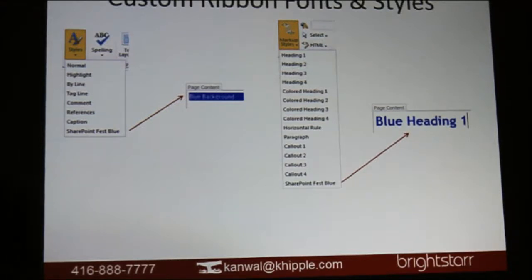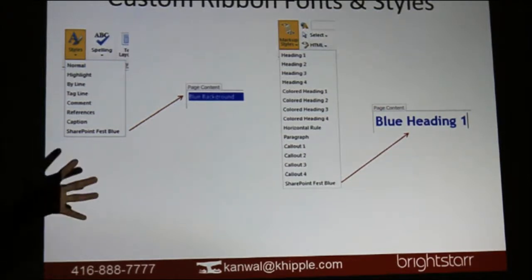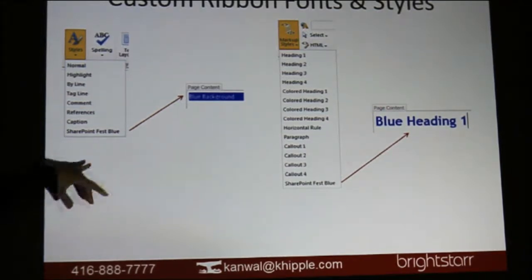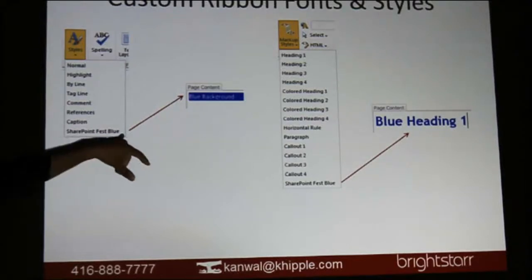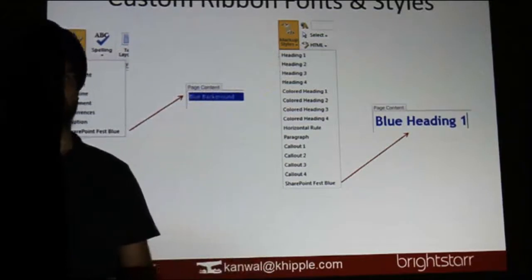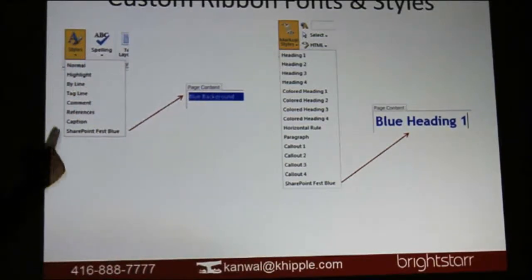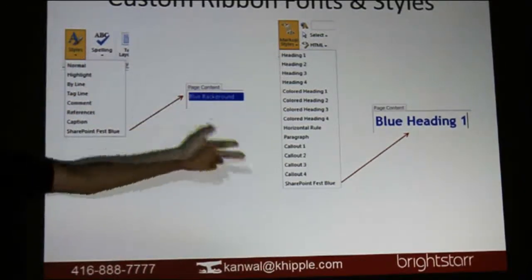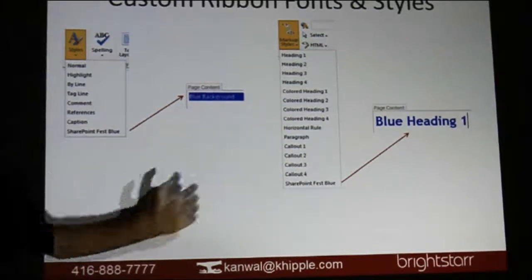You can disable some of these ribbon groups and actions, or you could let them reign free and provide custom styles as well as custom markups, so they can highlight the text and from the ribbon select SharePoint Fest Blue, or whatever your company name is.